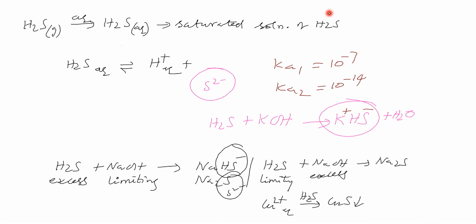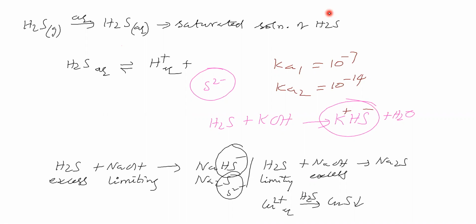Ka1 is given, Ka2 is given. Ka1 is called an equilibrium constant, Ka2 is called an equilibrium constant. An equilibrium constant comes from an equilibrium. So two equilibrium constants being given means that in this solution two different equilibria are present, or only one equilibrium?